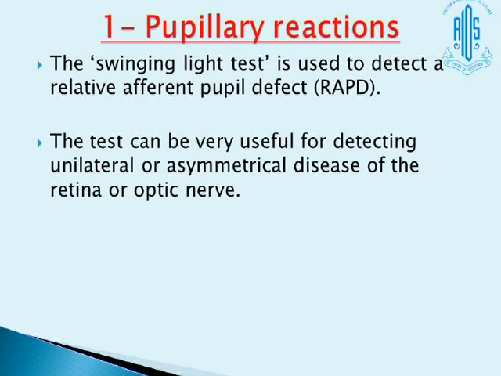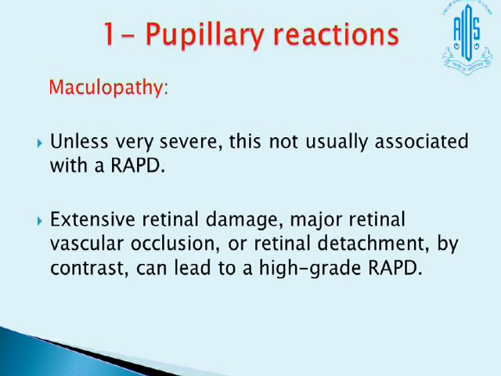Pupillary reactions: the swinging light test is used to detect a relative afferent pupillary defect. The test can be very useful and very easy for detecting unilateral or asymmetrical disease of the retina or optic nerve.